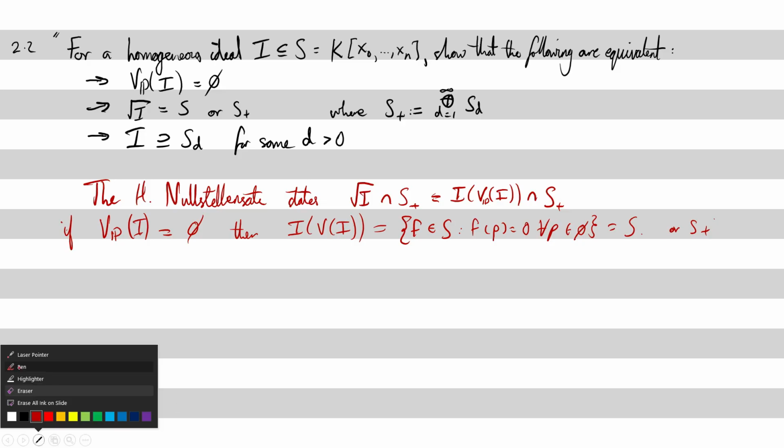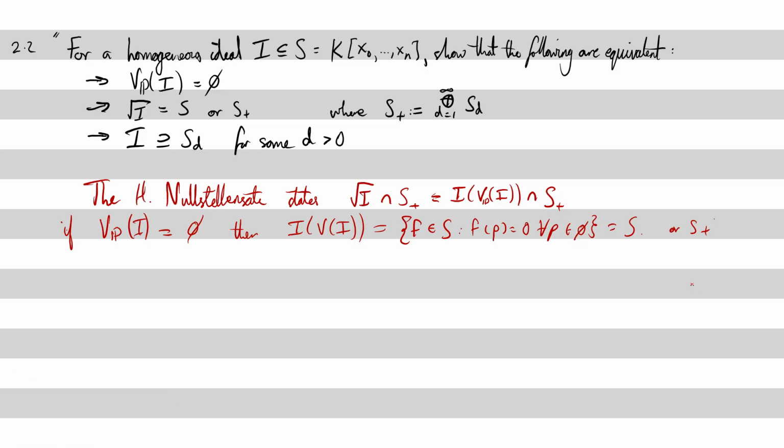Now, as we're intersecting with S plus, then we must have the radical of I intersect S plus equals S plus. As in, this contains S plus, this equals S plus.